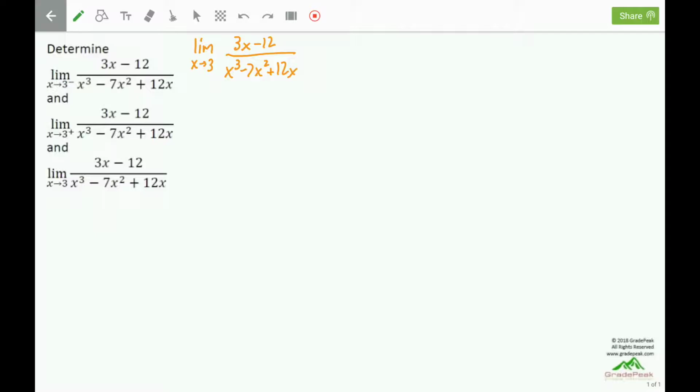The first thing to do is try plugging a 3 in for each of the x's. That will give 3 times 3 minus 12 divided by 3 cubed minus 7 times 3 squared plus 12 times 3. 3 times 3 is 9 minus 12, divided by 3 cubed, which is 27, minus 7 times 3 squared, which is 9, plus 12 times 3, which is 36. 9 minus 12 is negative 3, divided by 27 minus 7 times 9, which is minus 63, plus 36.